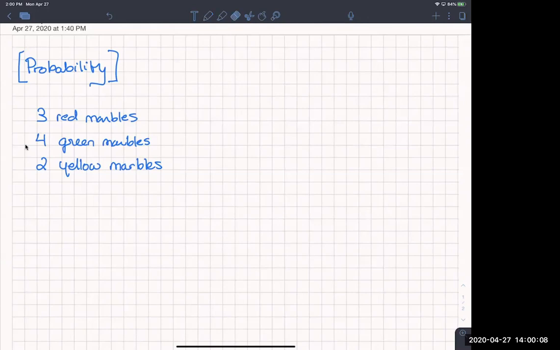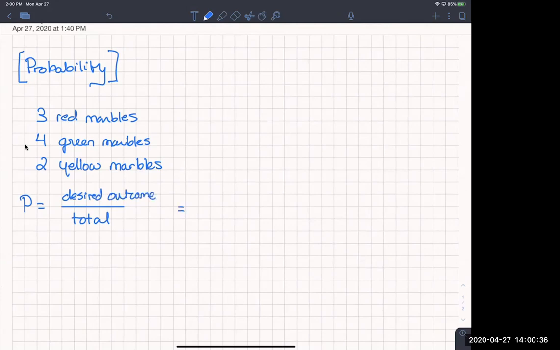So the way you calculate this is the probability of something is the total in the denominator, and in the numerator, it is what you're pulling out, or what is the outcome that you want, what we call the desired outcome.